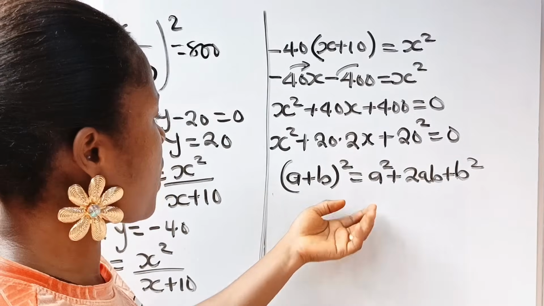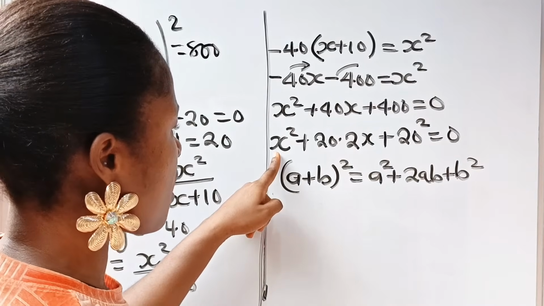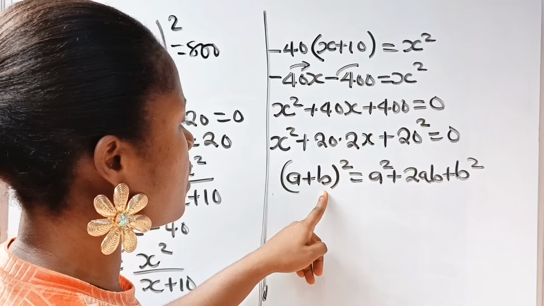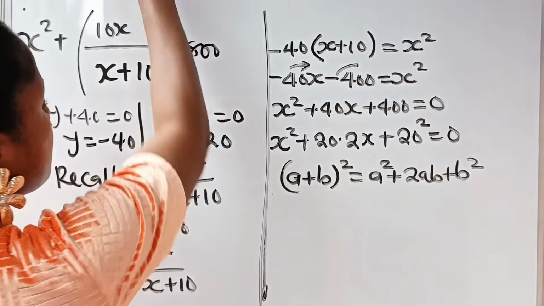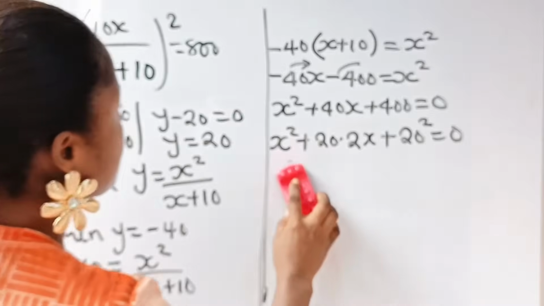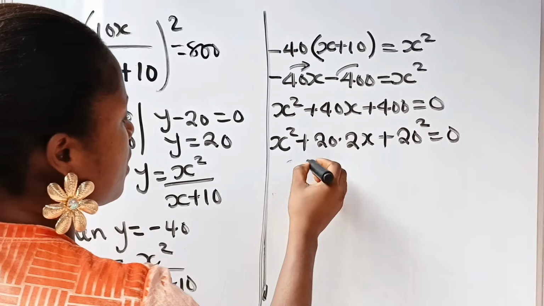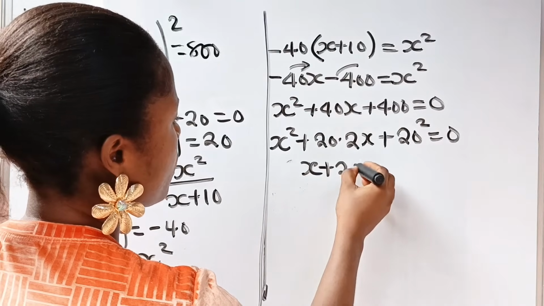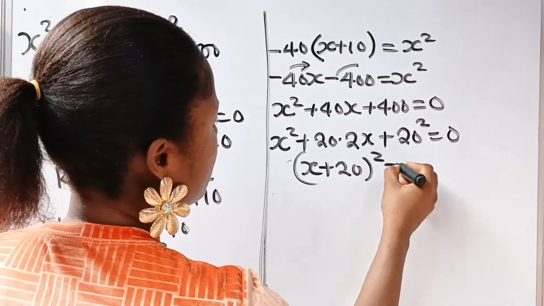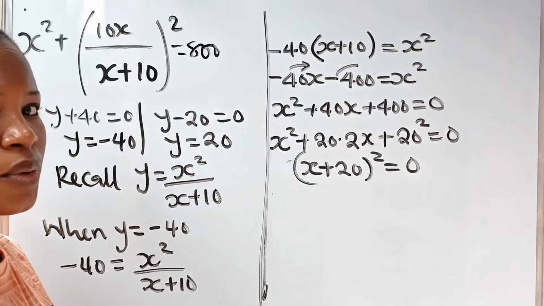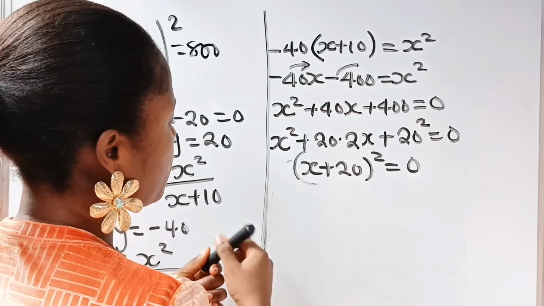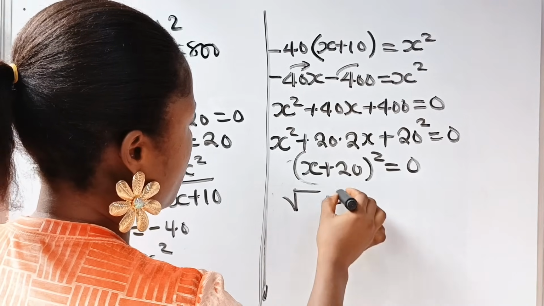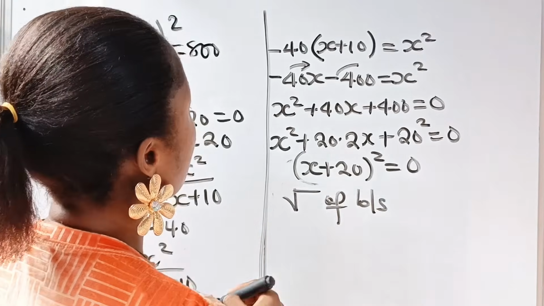So if you watch this, you can see that our a is x and our b is what? 20. So that means that we can write this as x plus 20 all squared is equal to 0. Now, we take the square root of both sides.